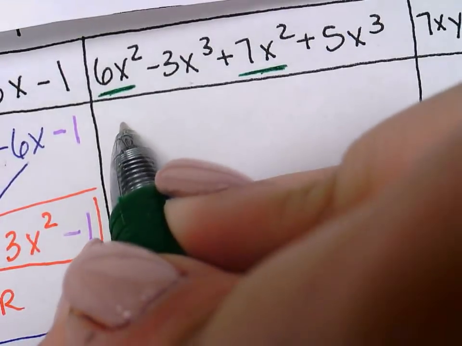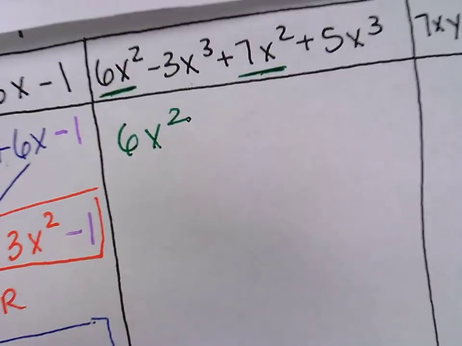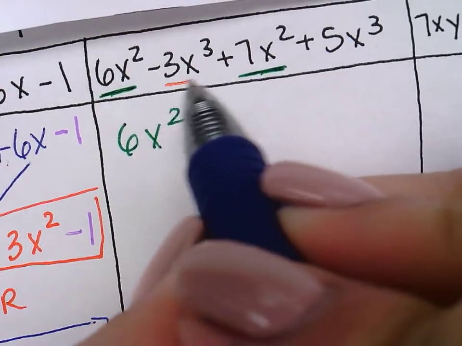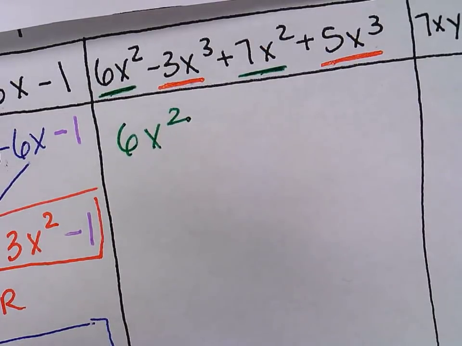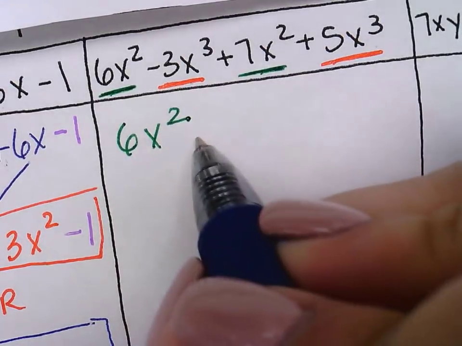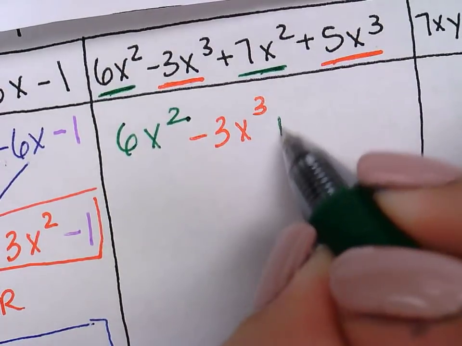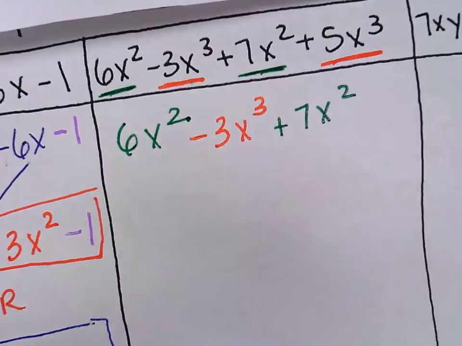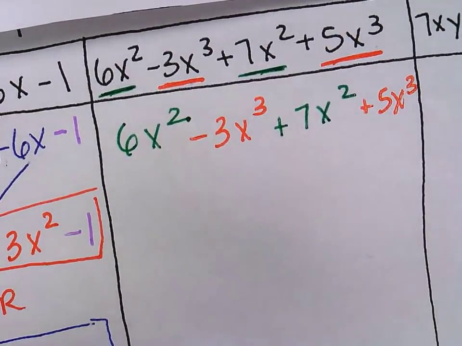So I'm going to write it in green, 6x squared, and then these two are part of the same family. They have the same variable and the same exponent. So then minus 3x cubed, I'm going to go back to green, plus 7x squared, I'm going to go back to red, plus 5x cubed.